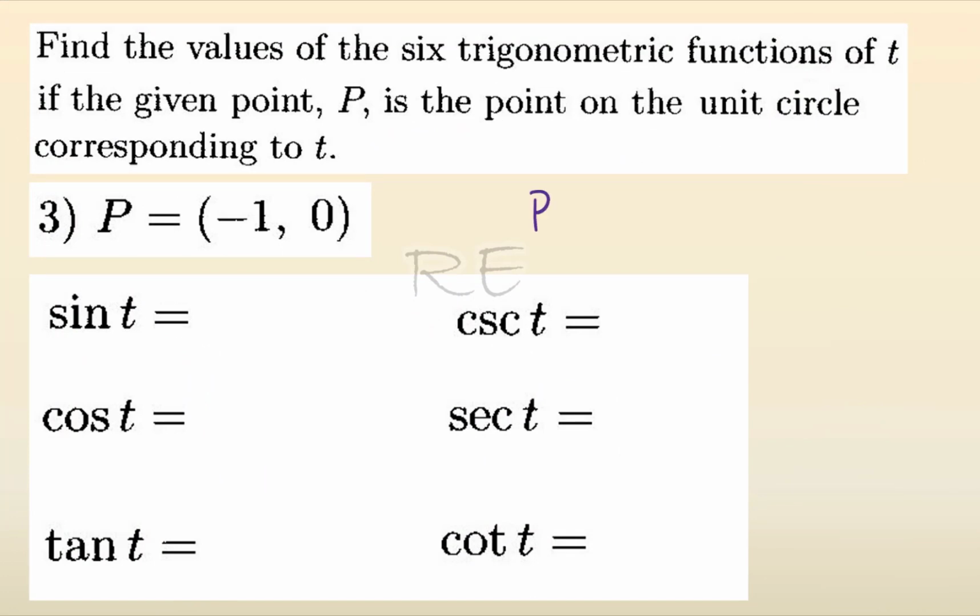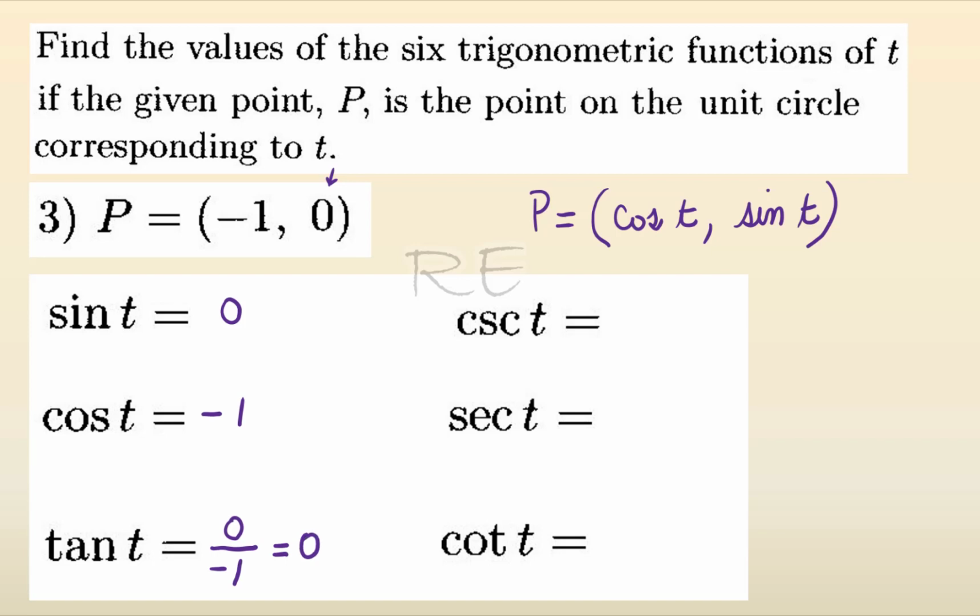P is equal to negative 1, 0. And P is of the form cosine t, sine t, since P is a point on the unit circle that matches t. So sine t is 0, cosine t is negative 1, tangent t is 0 over negative 1, which is 0.